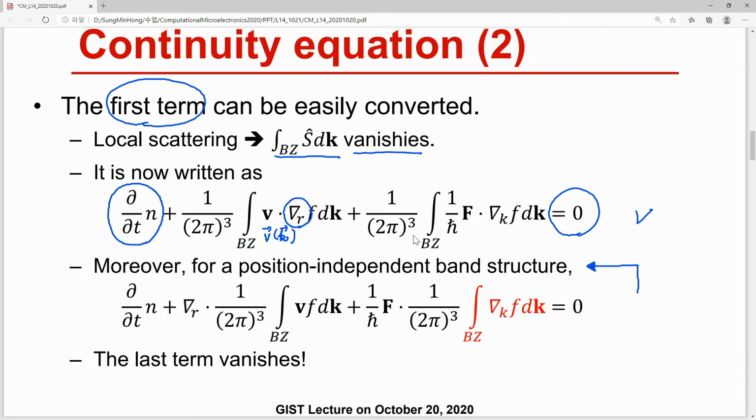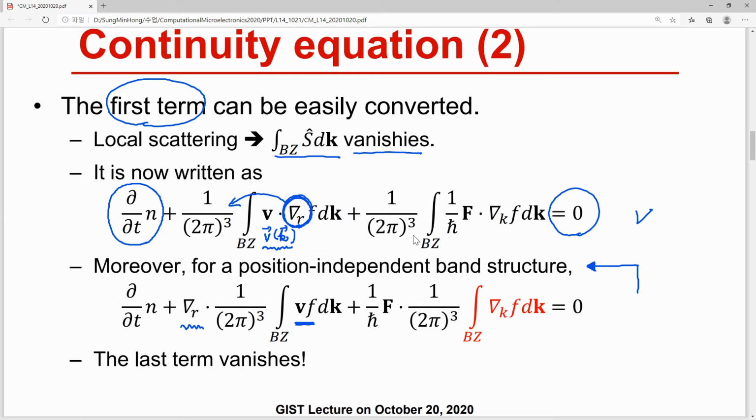But since the velocity is a constant for a given position, this real space derivative can be pulled out of our integration. So now we have the real space derivative, and this is just a function shown here.